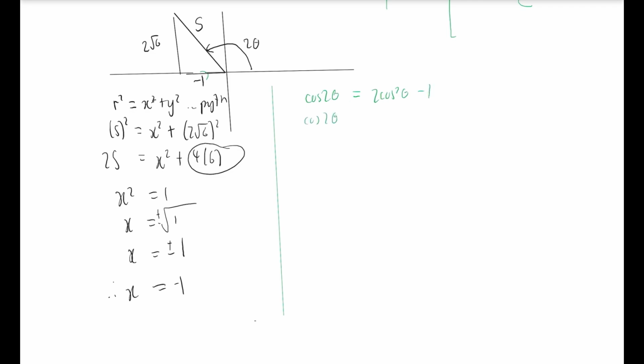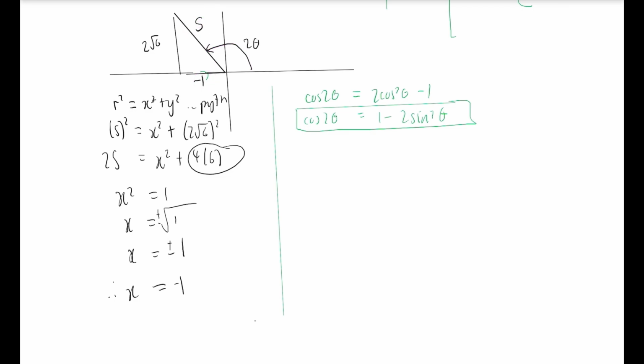Then you have cos 2 theta equals 1 minus 2 sine squared theta. We are going to use this property to our advantage. So I have my 2 theta here, and the cos of 2 theta is going to be my adjacent over my hypotenuse, right?